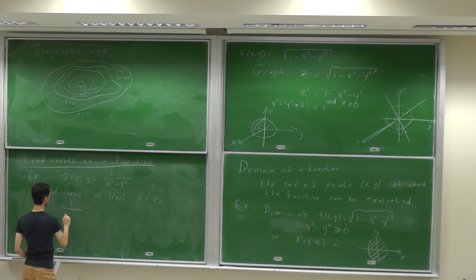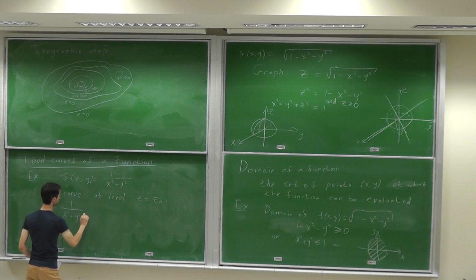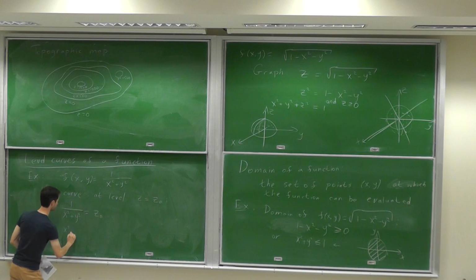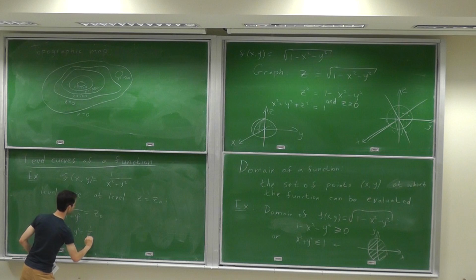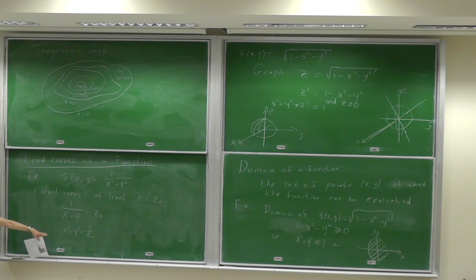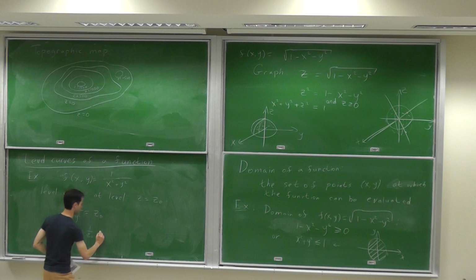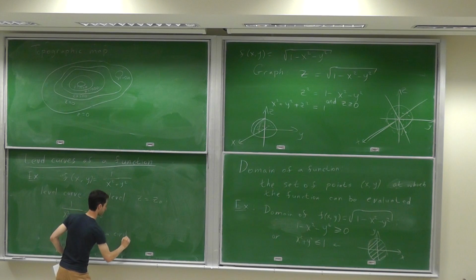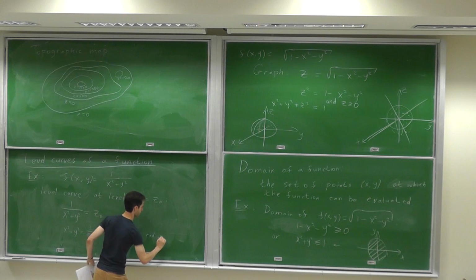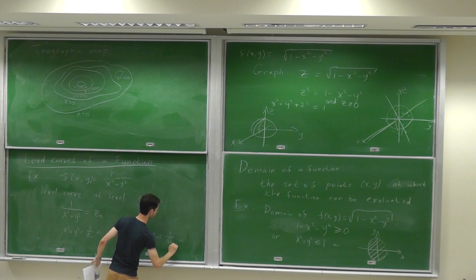Well, I want the value of my function to be exactly z0. Let me manipulate this equation a little bit. X squared plus y squared is 1 over z0. And now I see it is a circle of radius 1 over square root of z0.